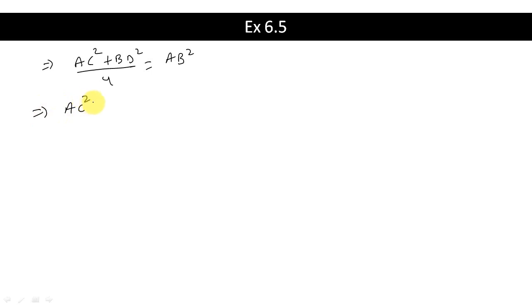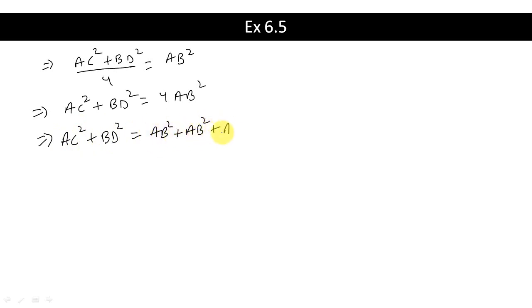That is AC square plus BD square is equal to 4 times AB square. Now in place of 4AB square, I can write AB square plus AB square plus AB square plus AB square. In place of this AB, I can write BC because all the four sides are equal.